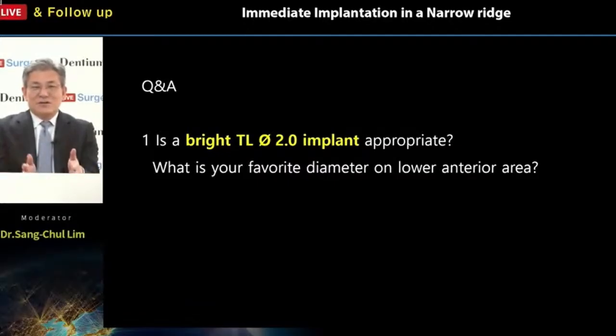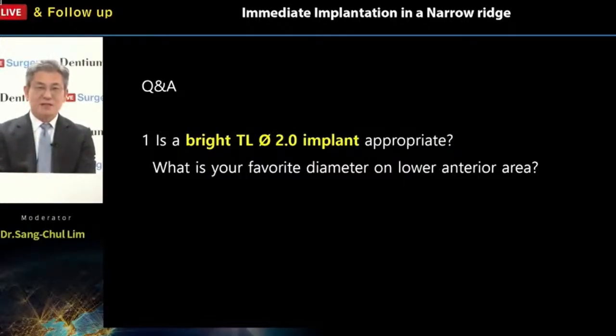However, in the ordinary case, 2.5, 2.0 is acceptable without bone grafting, or with simpler bone grafting or just gap filling like today's surgery, right? So no flap reflection anymore, just a slight flap reflection is enough to place a bright tissue level 2.0, 2.5 on lower anterior, and just gap filling and suture, and that's it, right?